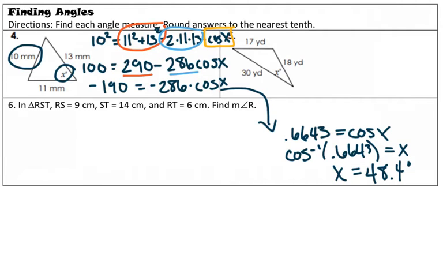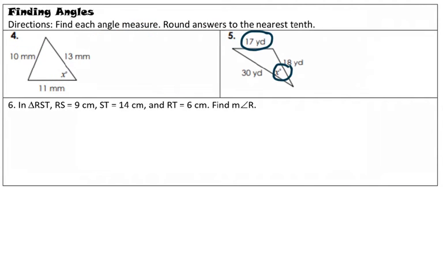Okay, so now we're going to do number 5 together. For number 5, I'm trying to find x, and notice that the side length across from x is 17. So when I set this up, I'm going to do 17 squared equals the other two sides squared minus 2 times the other two sides times the cosine of x.